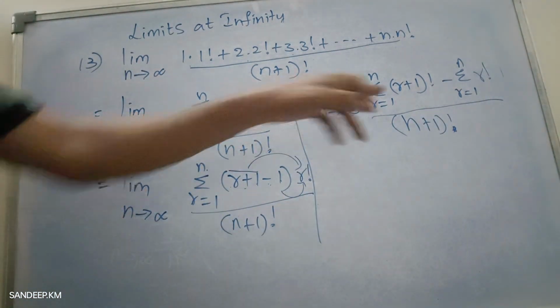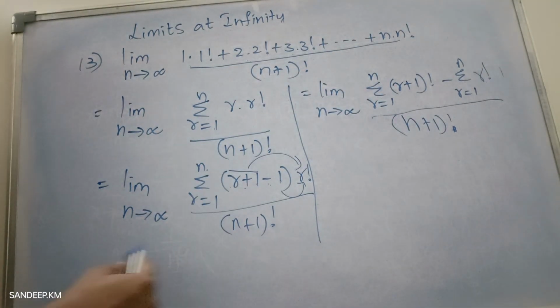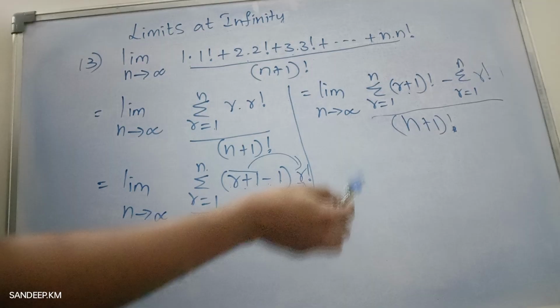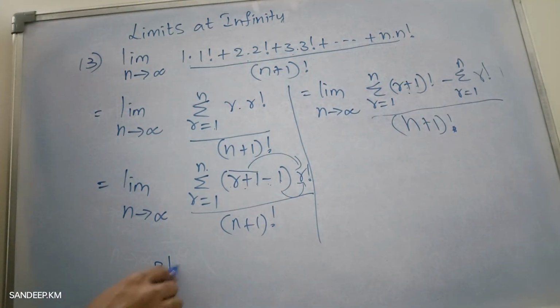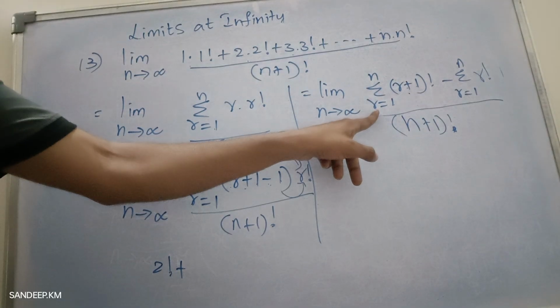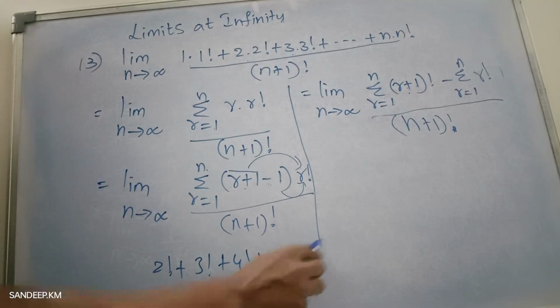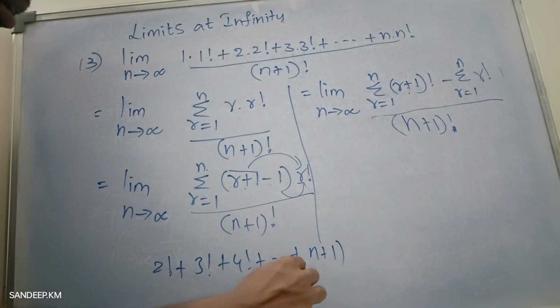Now dear students, you can expand the numerator. First of all, let us simplify the numerator here. What is the first term? If I write it in full form, first r equals 1; if I substitute, 1 plus 1 will be 2 factorial, plus next r value is 2, 2 plus 1 will be 3 factorial. So 2 factorial plus 3 factorial plus 4 factorial and so on, up to lastly r value is n, you will get (n plus 1) factorial.